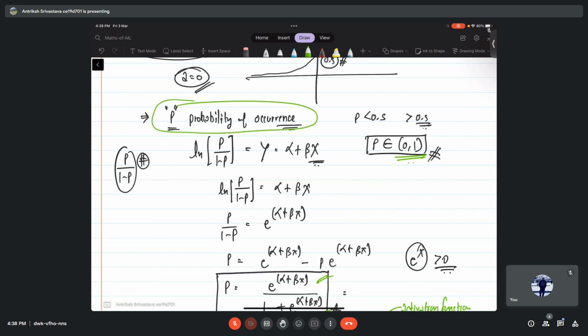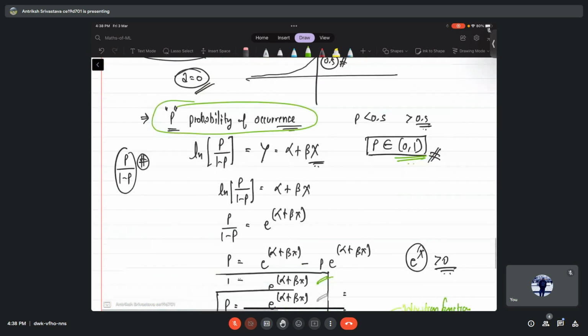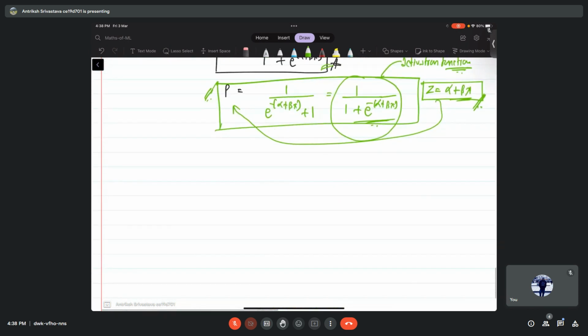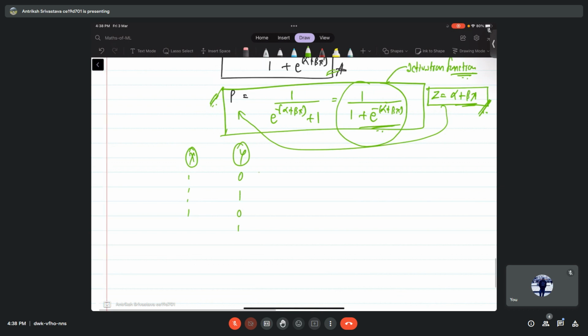So we use this approach of logistic regression and train our model. We'll have some inputs x, and their corresponding label, whether it is 0 or 1. It is used for classification, for example orange or apple. In that case, we assign orange to 0 and apple to 1, and we train our model. We get the value of p.